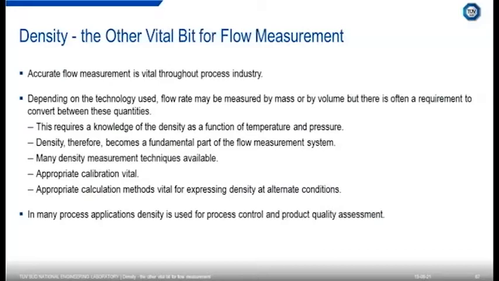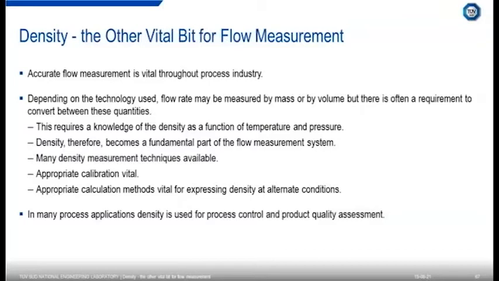But depending on the technique used, you may be measuring volumetric flow or you may be measuring mass flow, and there's often a requirement to convert between those quantities. The conversion is through density, and the density you need to know is a function of temperature and pressure. So density therefore becomes a fundamental part of your flow measurement system.